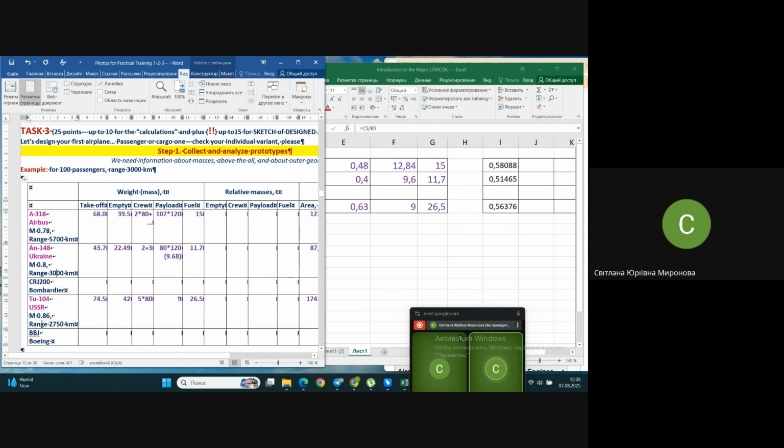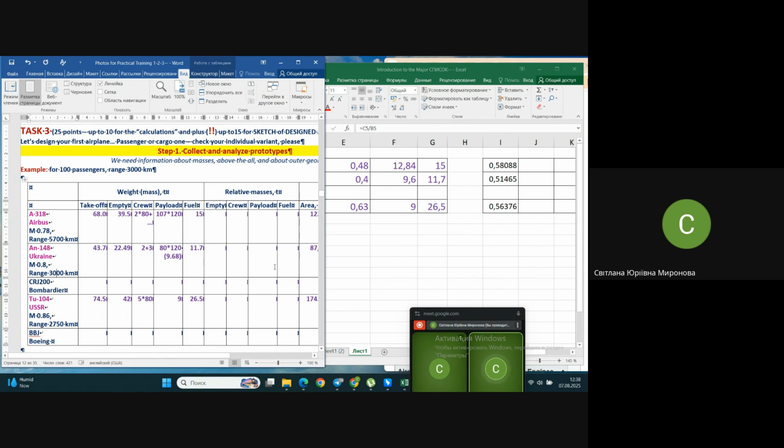Antonov and Tupolev, but you see the difference in weight of structure is significant. The old one is relatively heavy with respect to the new one, because the new one was designed at another technical level, and we already have other materials, including composite materials and so on.